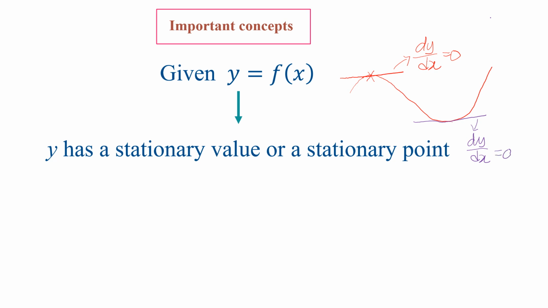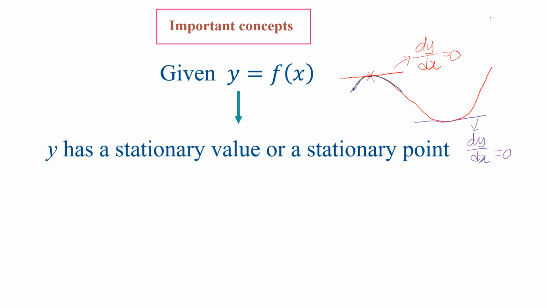Because if you were to trace the curve, you imagine you are somewhere here and then you travel all the way up here. When you reach the highest point, basically you will just stop there for a while before you proceed further down. So you can compare this with riding on the roller coaster.